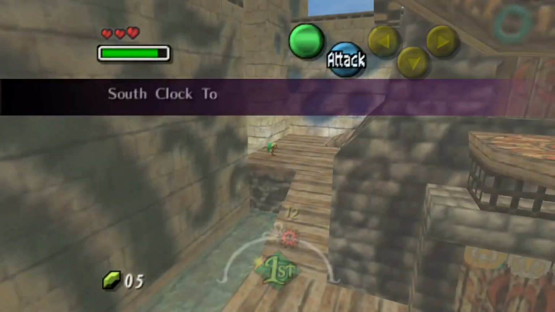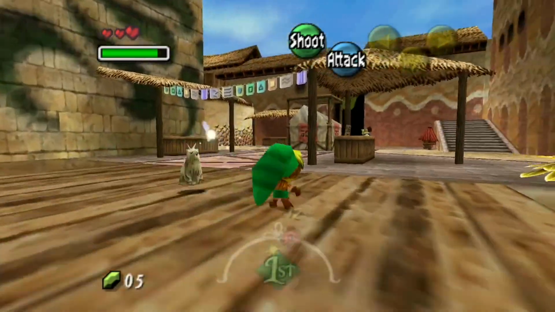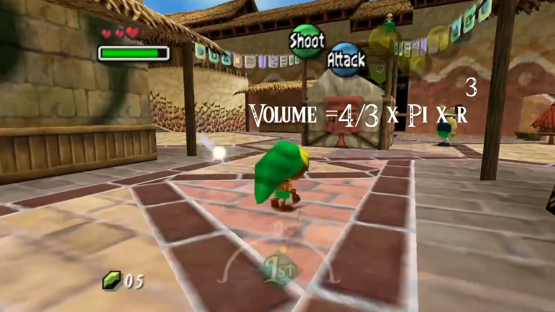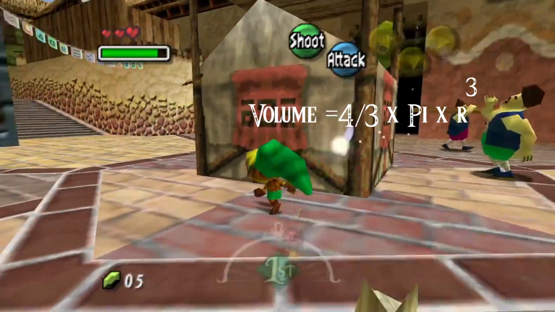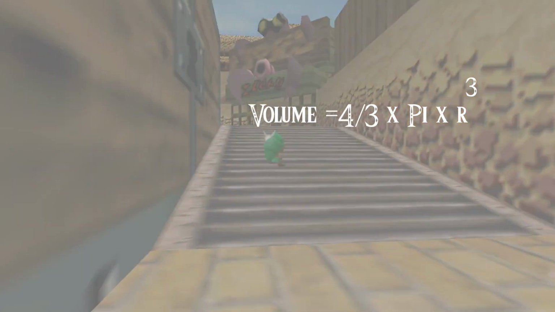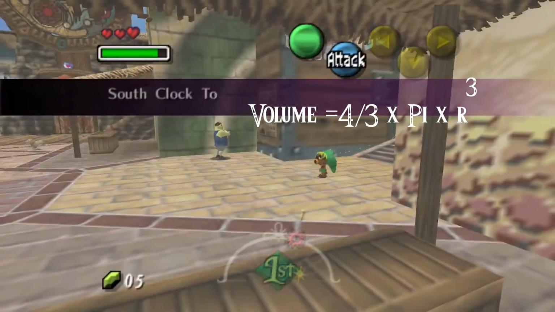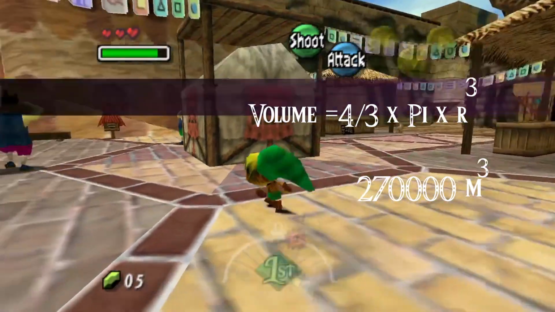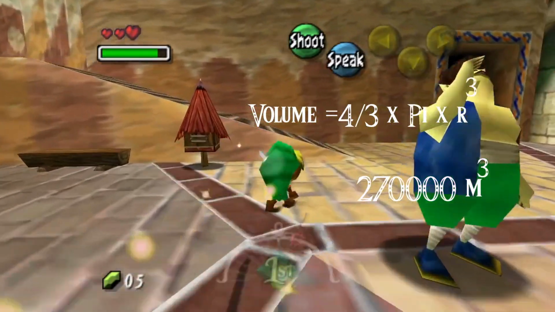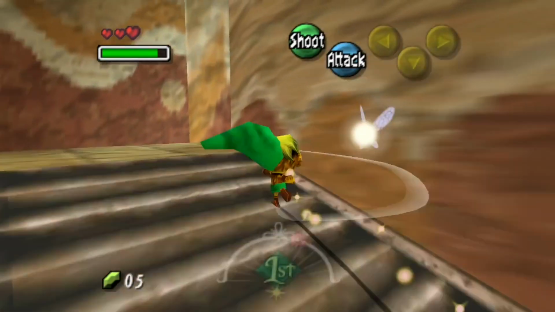To find its volume, we take the equation volume equals 4/3 times pi times radius cubed, and plug in the radius of the moon, which is half the length of the moon, which comes out to be 270,000 meters cubed.